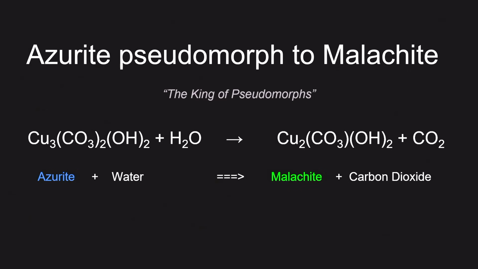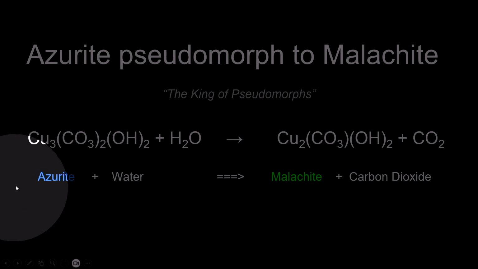I think that's a very good name for this type of pseudomorph because malachite pseudomorphs after azurite are really wonderful specimens coming from so many different mineral deposits around the world. Another reason this is a good one to start with is because the chemistry of this pseudomorph is actually quite simple.